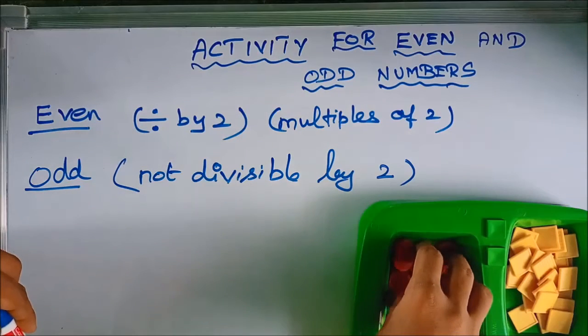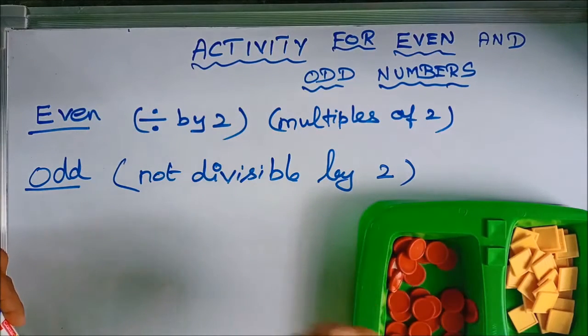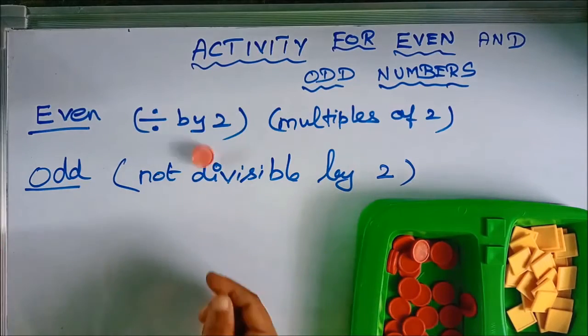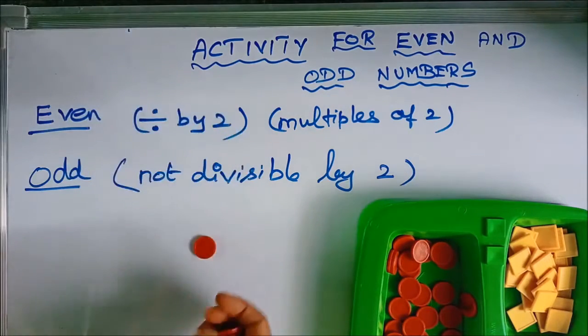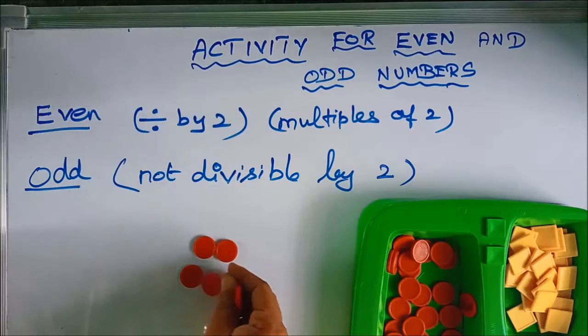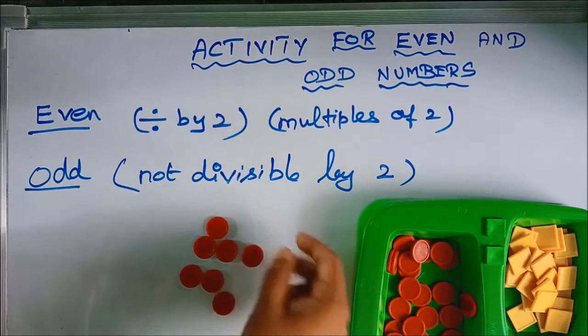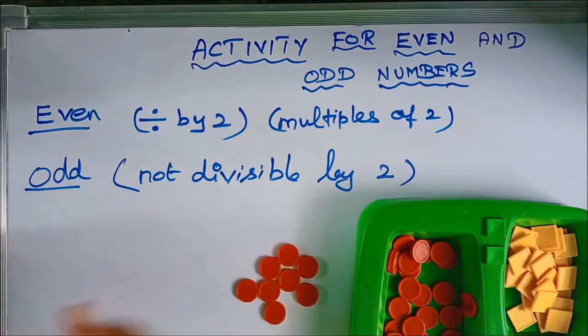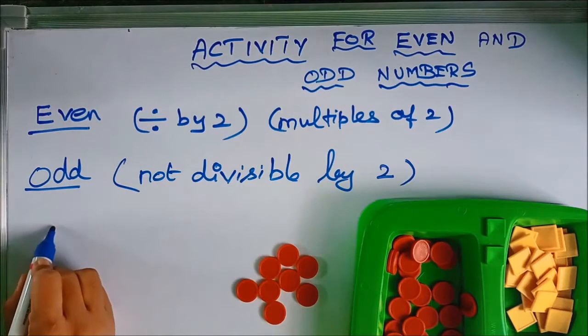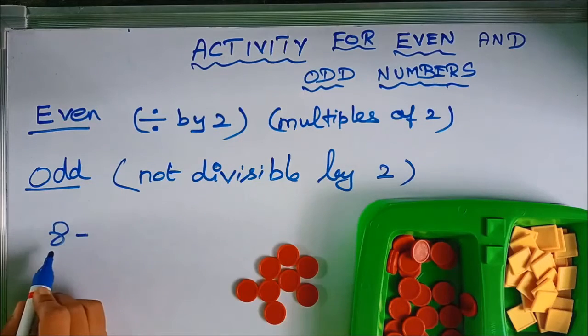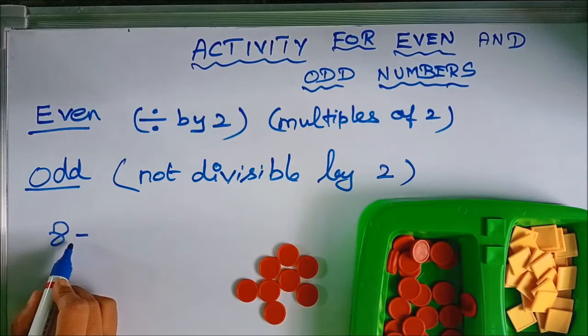Okay, now I am taking some shapes. Now I am going to count these shapes. Okay, let us count. 1, 2, 3, 4, 5, 6, 7, 8. Totally we have 8 pieces. Now I am going to check whether 8 is even or odd. How can we check?